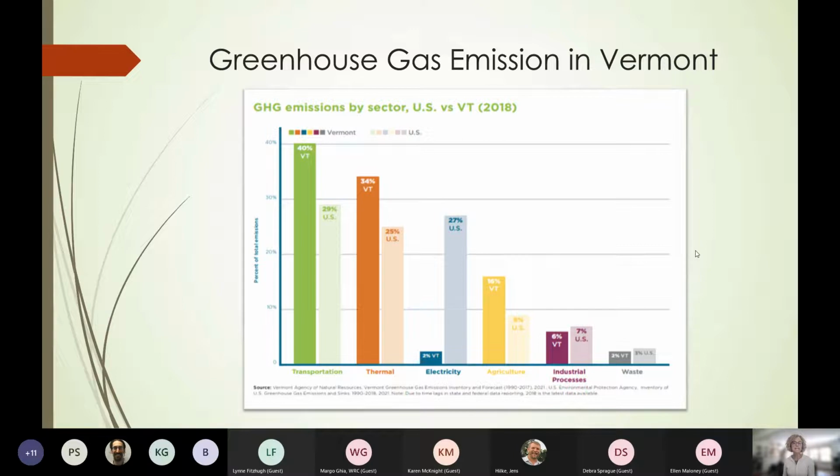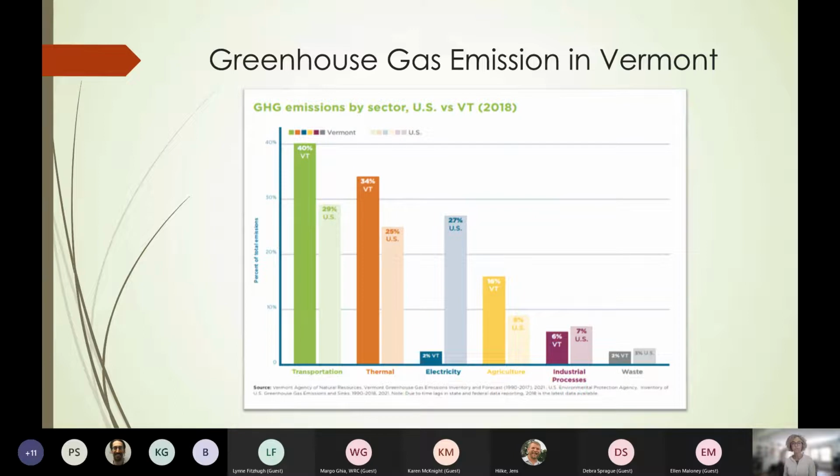So you'll see next the electricity sector. In Vermont, emissions are very, very low, and that is because things have changed dramatically since 2017, when there were new regulations given to the electric distributors in Vermont to move to carbon-free energy. And right now, Green Mountain Power says that they're 100% carbon-free.